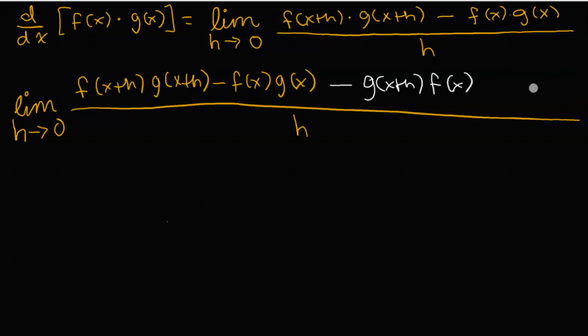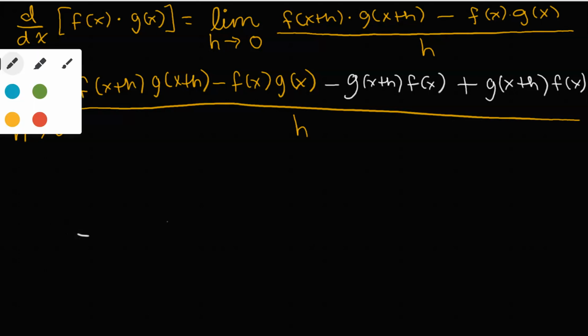Let's do that again. I'm going to add 0. Here is adding 0: negative g of x plus h times f of x, positive, the same thing, g of x plus h times f of x. So that right there is adding 0.